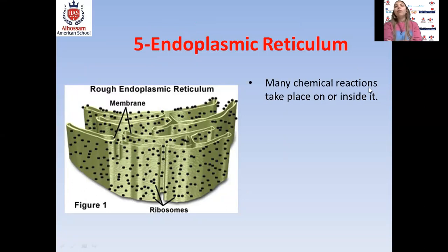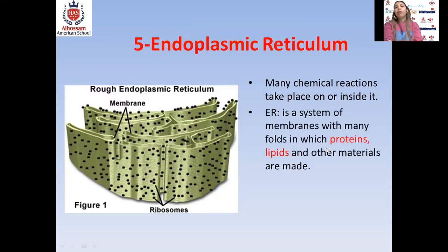Many chemical reactions take place on or inside it. The endoplasmic reticulum, you can write ER, is a system of membranes with many folds in which proteins, lipids, and other materials are made.